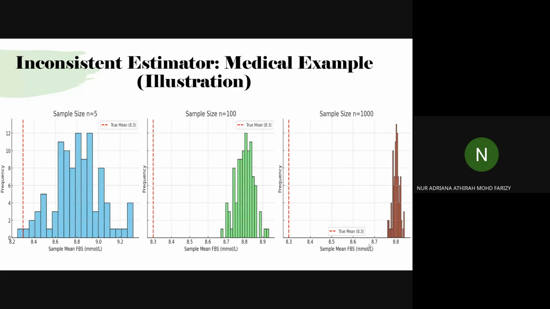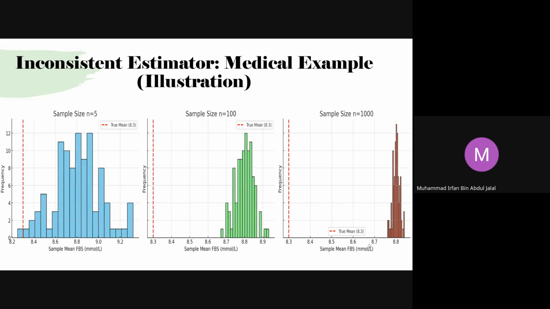Based on the Chebyshev inequality, we usually can show that if the estimator is unbiased, then somehow we can show that it's also consistent.